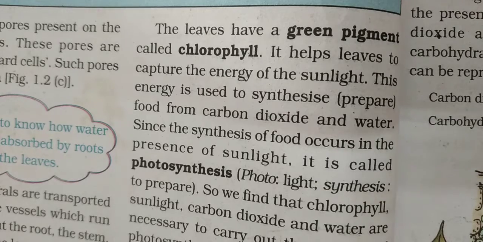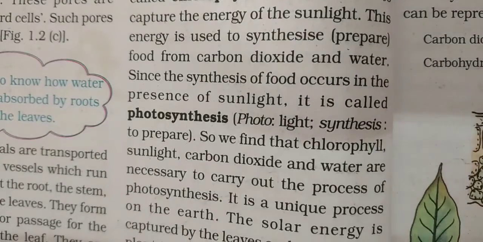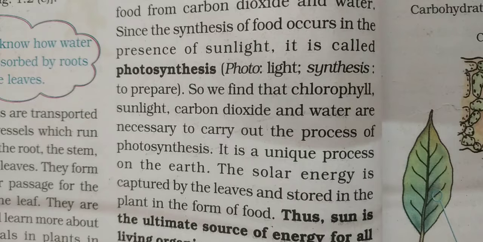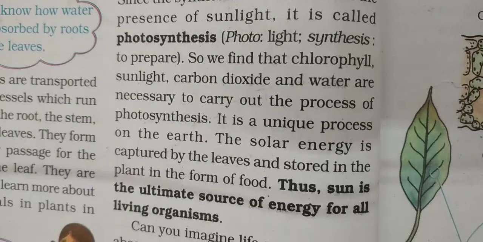So, chlorophyll, which is present in leaves, captures the energy of the sunlight and with the help of carbon dioxide and water, it synthesizes food, and this process is called photosynthesis. A leaf needs sunlight, carbon dioxide and water. Above all, chlorophyll is a must for the process of photosynthesis. It is a unique process on the earth. The solar energy is captured by the leaves and stored in the plants in the form of food.